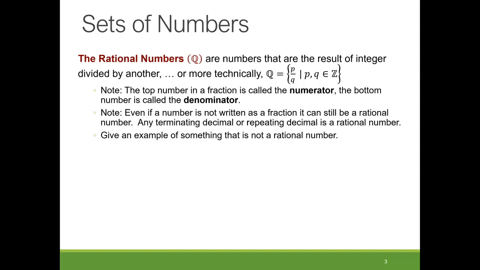So if we're looking for something that's not a rational number, we need a decimal that doesn't terminate and doesn't repeat. Example? There's several good ones. One of them's been mentioned already.